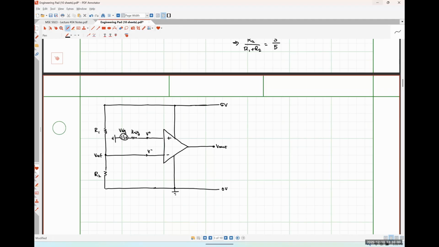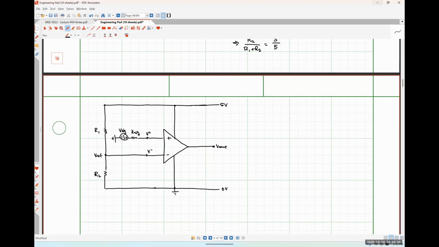Or if R2 is 3 kilo ohms and R1 is 2 kilo ohms, that works. If R2 is 3 mega ohms and R1 is 2 mega ohms, that also works because any of those meet the criteria. But what I want to see is what the impacts of having those various values of resistor actually have on our behavior. Okay.